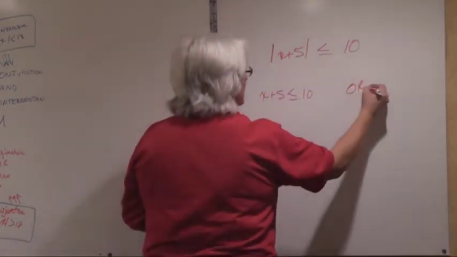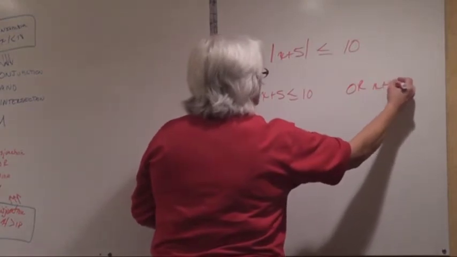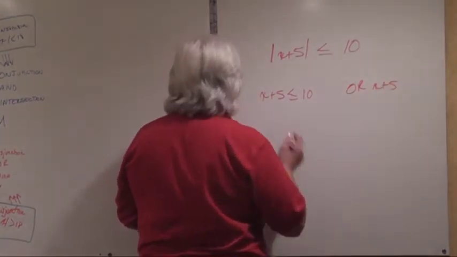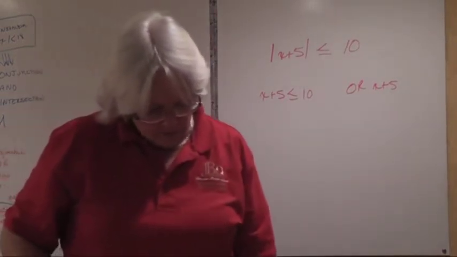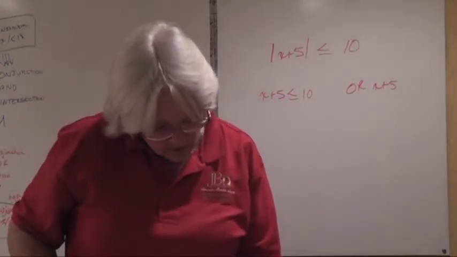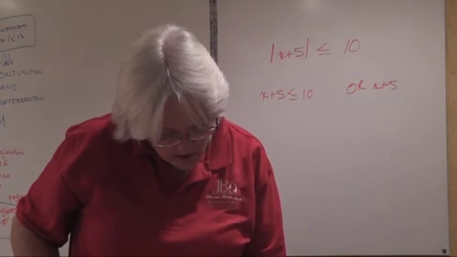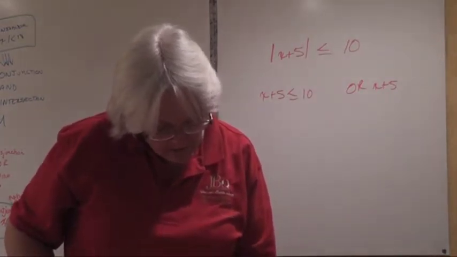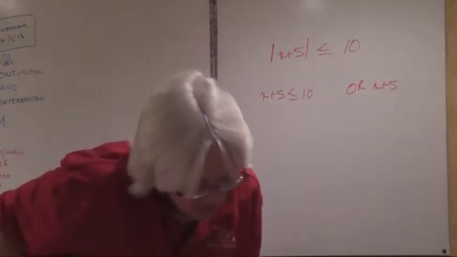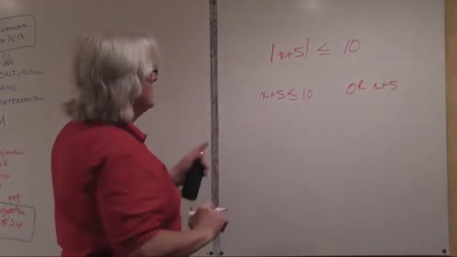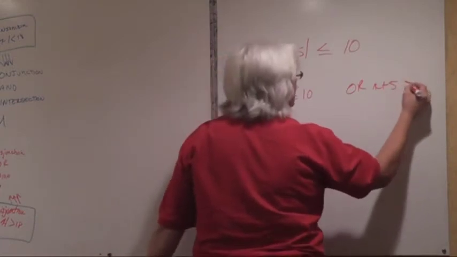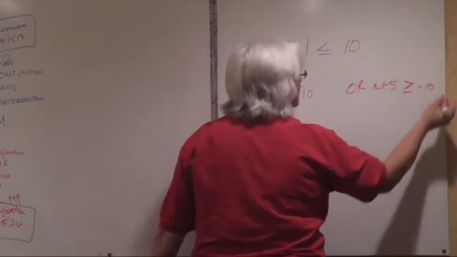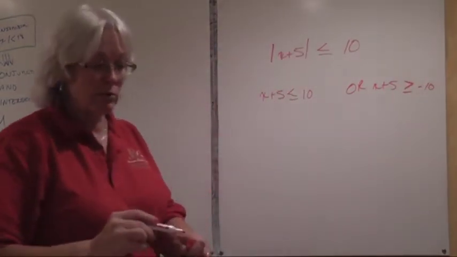Or that same expression has to be greater than or equal to a negative 10. And how did I know that it was going to be greater than or equal to a negative 10?